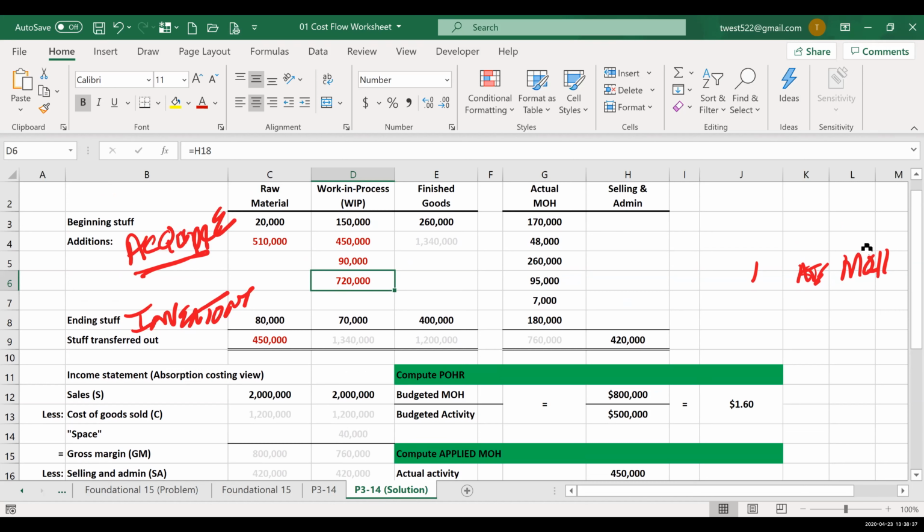Okay. And so how do I get this number? Because I could understand it over here because it's just the 20 plus the 510 minus the 80 gave me the 450. The problem I have now is I've got a whole bunch of numbers. So what gets added together and then what gets subtracted, Eric?